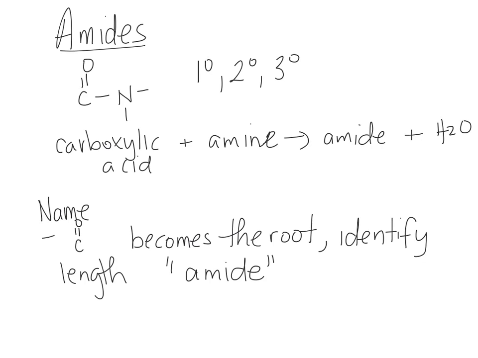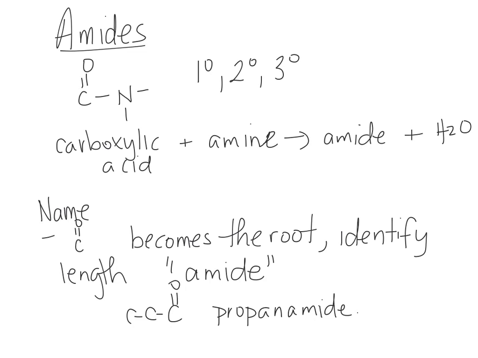So if the carbonyl is part of a 3-carbon chain, it would become propanamide. So 3 carbons, this would be propan, from propane, amide.